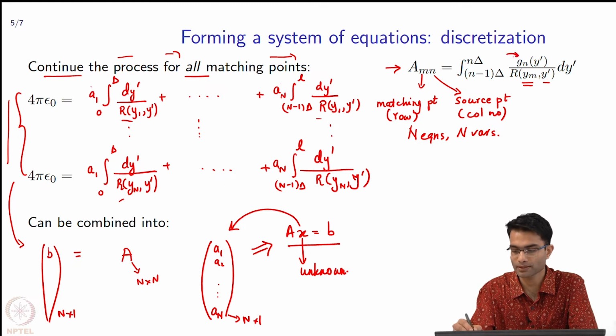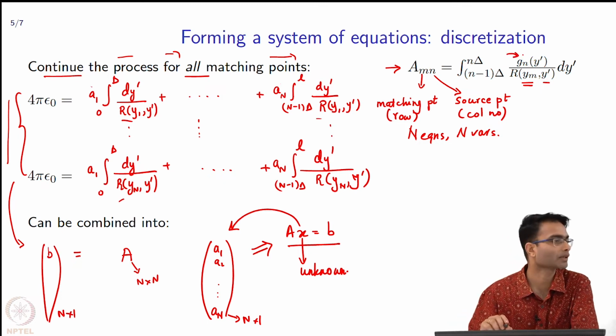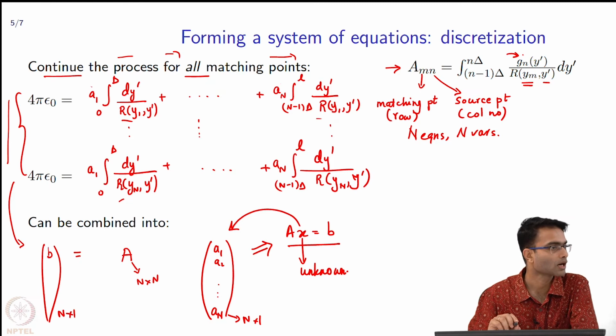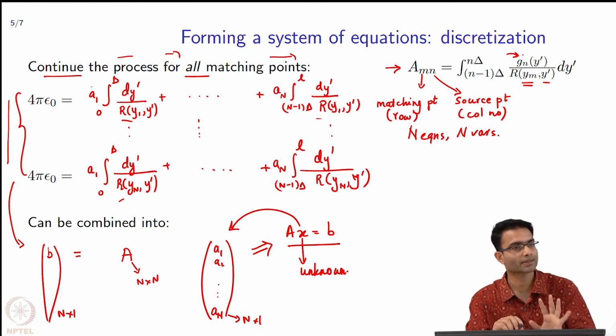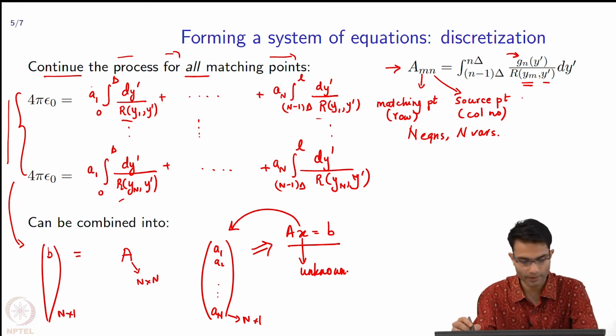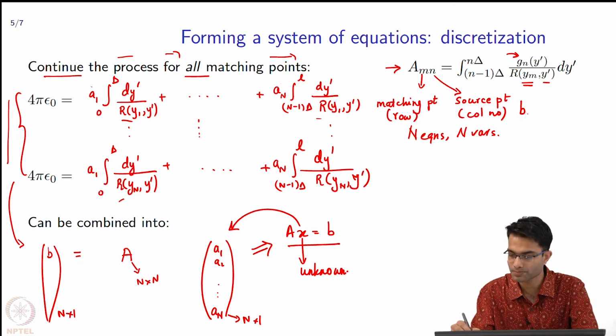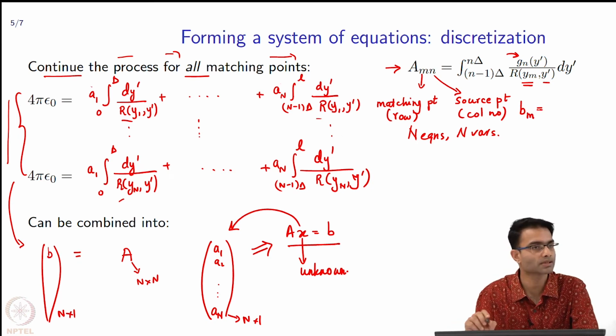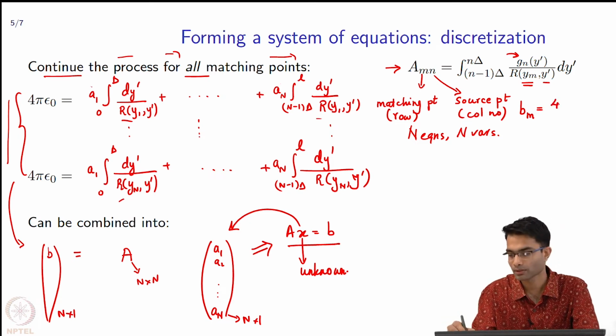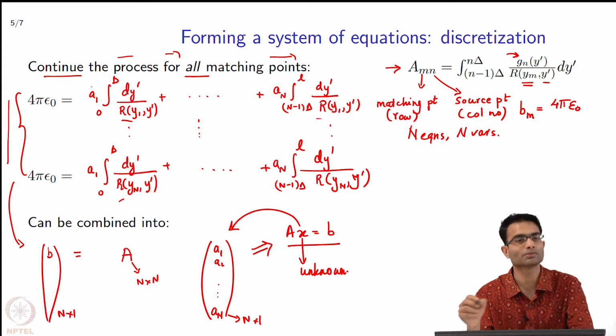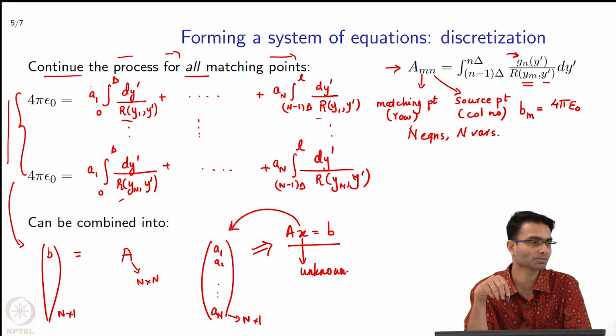I have kept it in general g over here in case we choose some other kind of function other than pulse. Okay. So, I have got a matrix element and I did not write it over here, but it is trivial to see what is B m in this case, the mth element of the vector B. What is it? 4 pi epsilon naught, right. So, this turned out to be really simple. In other problems, it will not be so simple. Okay.